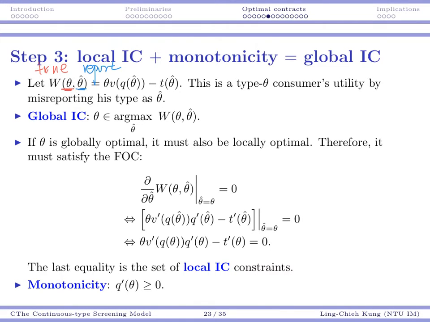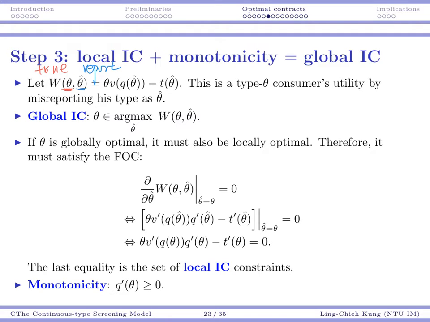V is a function of Q, Q is a function of theta hat. So you first have V prime of something, and then you differentiate Q with respect to theta hat. For the second term, it just goes to T prime. And then I plug in theta hat as theta. I should get this. So this equation would be called our local IC constraints.